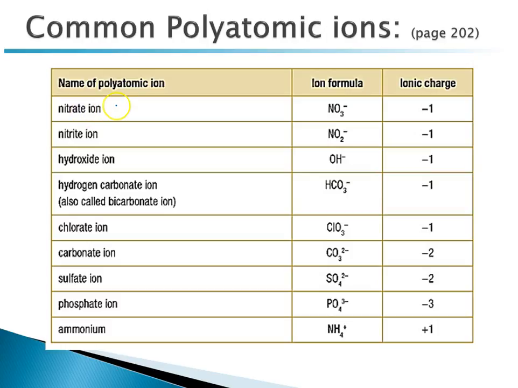We have nitrate, so NO3 with a -1, nitrite, NO2 with a -1, hydroxide ion, OH with a -1, hydrogen carbonate ion, or it can also be called bicarbonate, HCO3 with a -1, chlorate ion, ClO3 with a -1, carbonate ion, CO3 with a 2 negative charge, sulfate, SO4 with a 2 negative, and phosphate ion, PO4 with a -3.